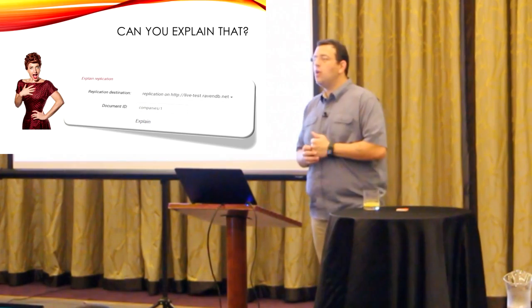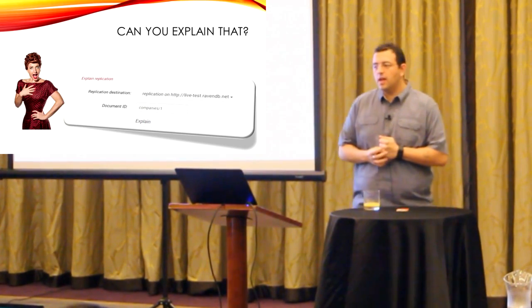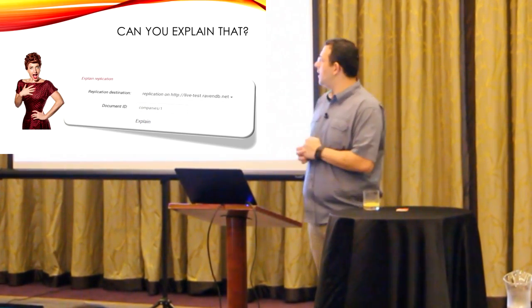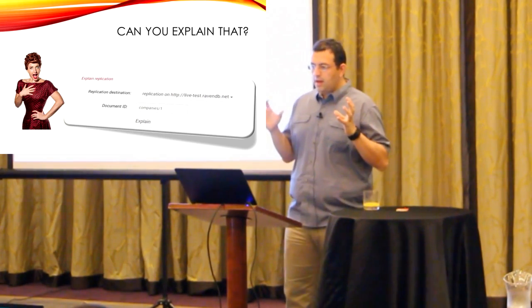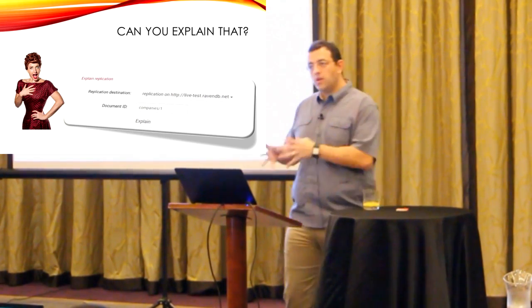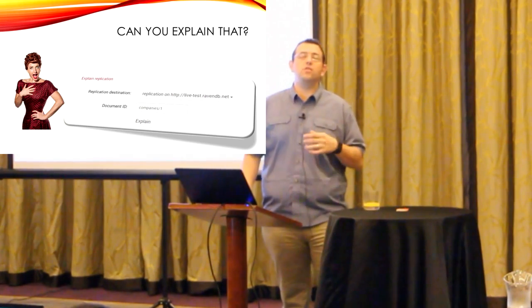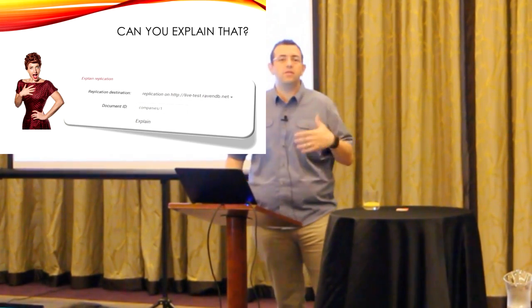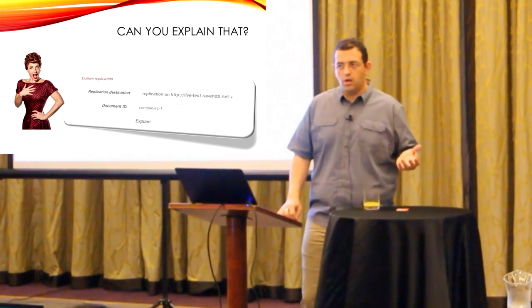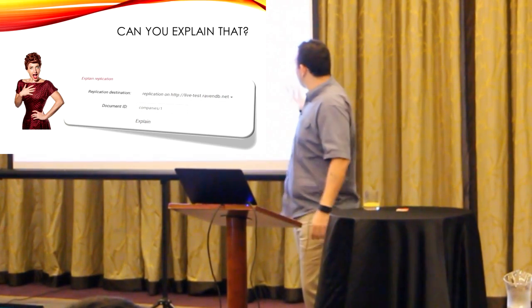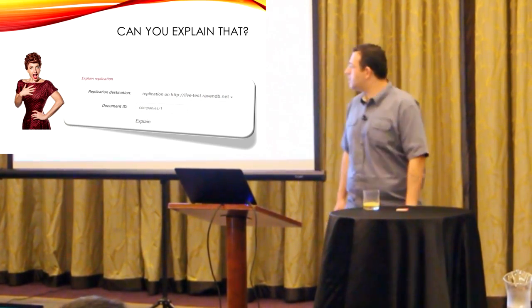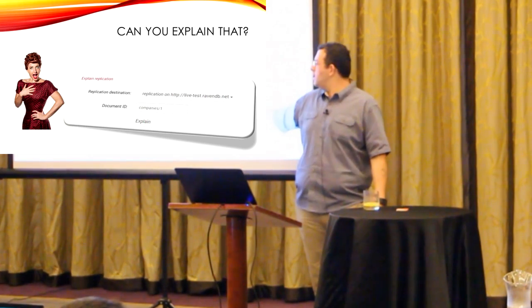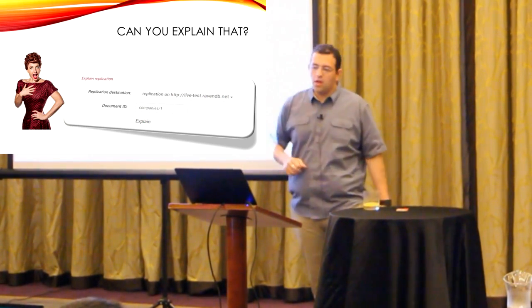Something that we found out is that the more features we have with replication, the harder it is to figure out why something isn't working the way it should. So we added this feature, and with this feature we can basically say, okay, I have this document, and I have this destination.